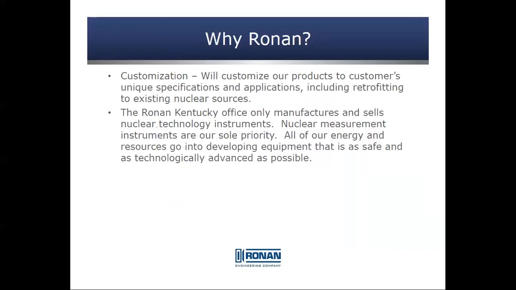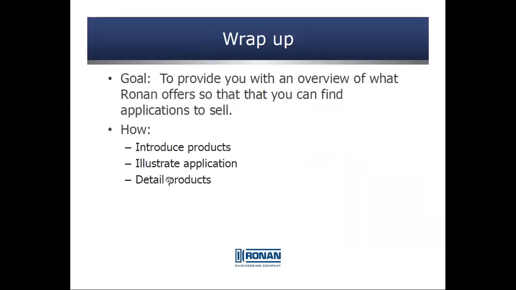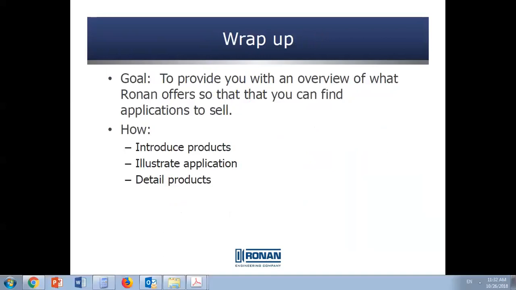And our office and facility here in Kentucky only deal with the nuclear technology. So we're not thinking about radar, pressure. So I hope through this webinar I've given you an overview of what Ronan's got to offer, some ideas for installations and gamma technology in general.